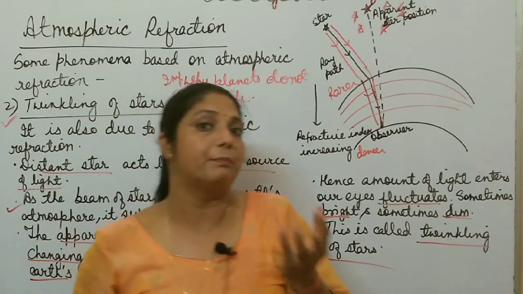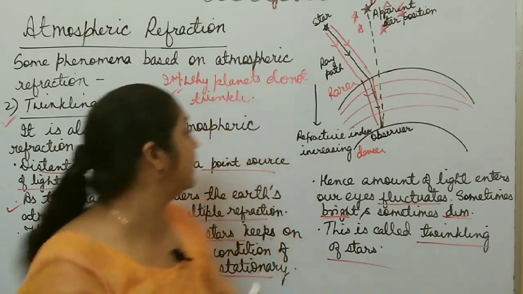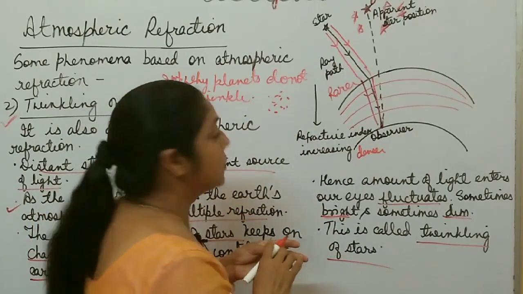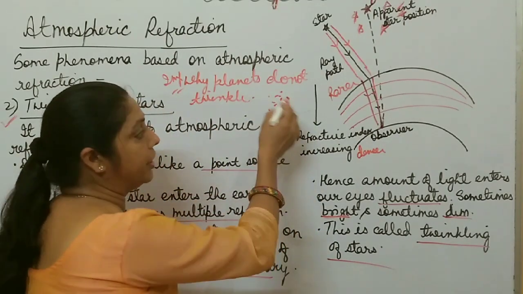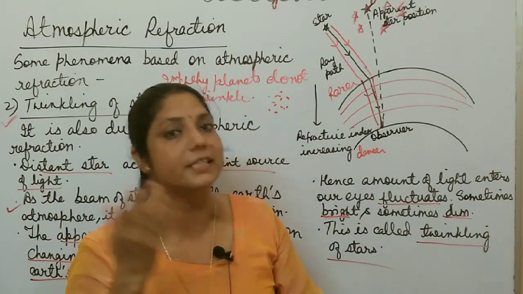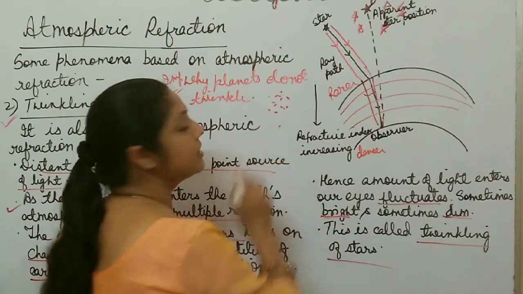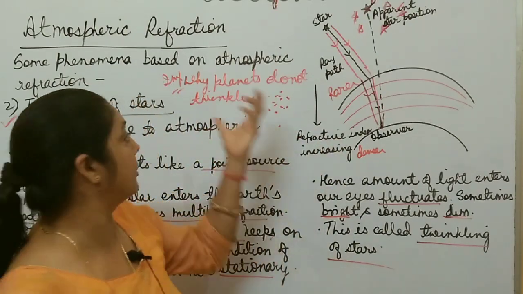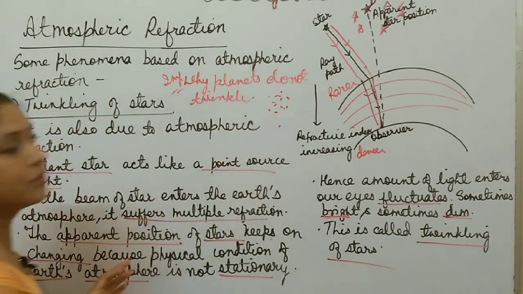You can say that a planet can be considered as a collection of a large number of point-sized objects. So, different parts of these planets produce brighter or dimmer effects in such a way that the net effect is zero, and the observer is not able to observe the twinkling effect of the planets. That's why planets do not twinkle.